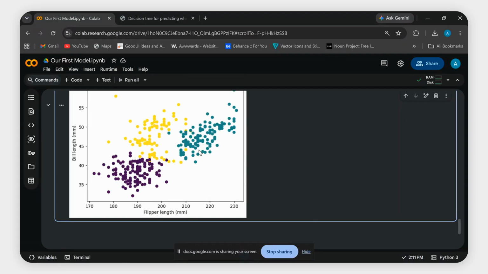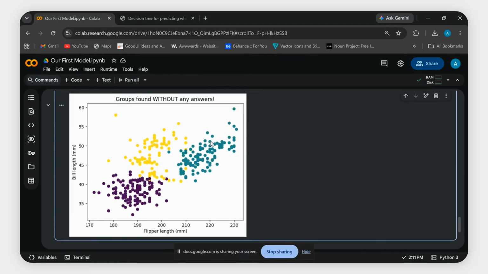And then the teal, on this far right, we can see these are mostly the Gentoos, because they have long flippers all the way across. These are the big ones. The Gentoos are the largest of the three species.